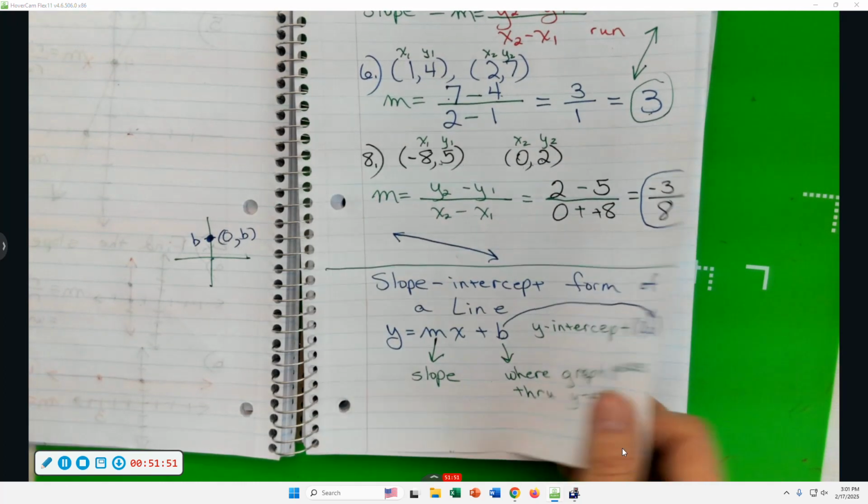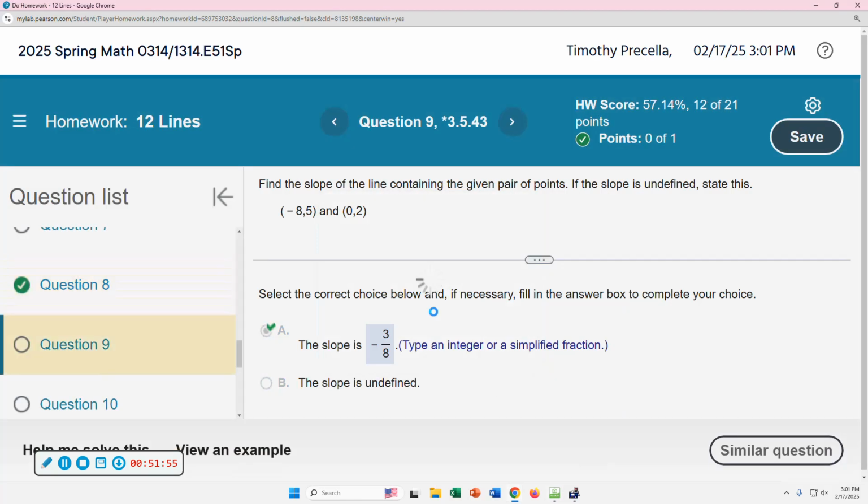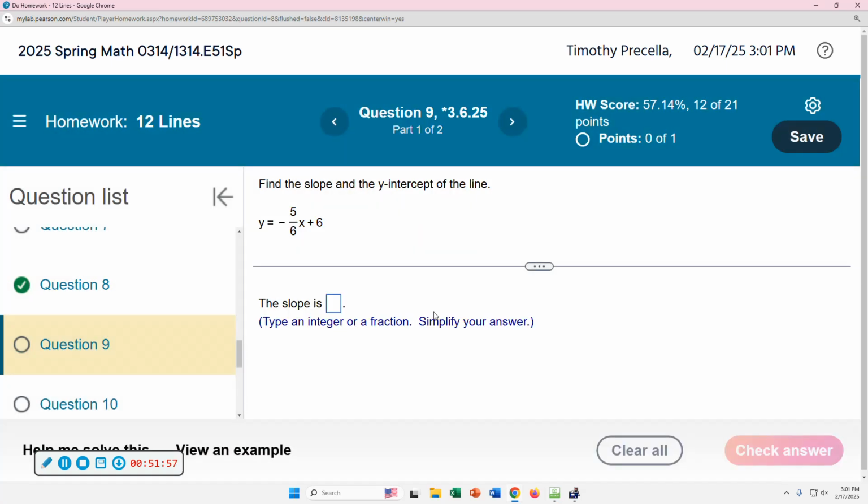Number 9. Oh, let me pull it up. Okay, this is a good one, a good starter problem. Number 9, they want you to find the slope and the y-intercept of the line. The line is y equals negative 5/6 x plus 6.